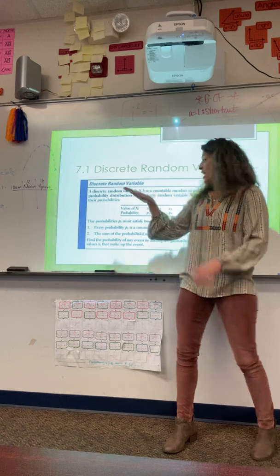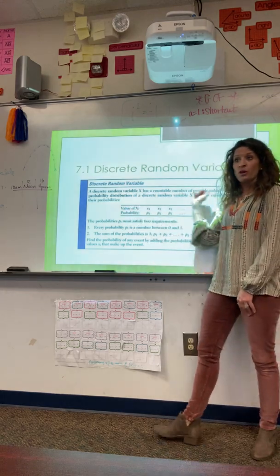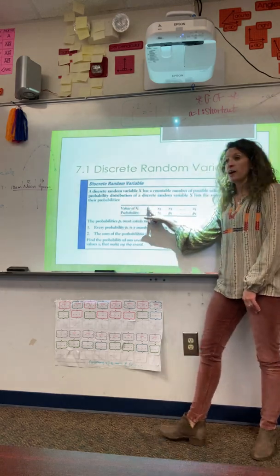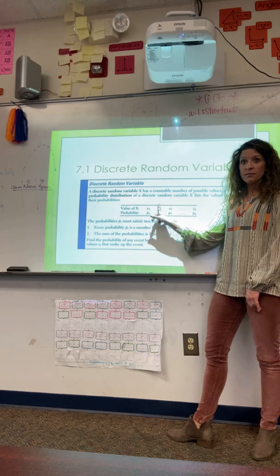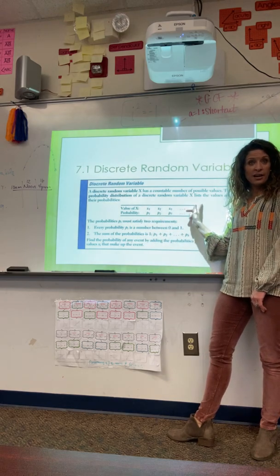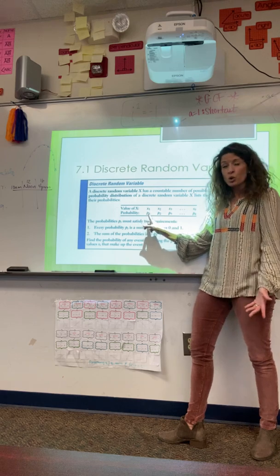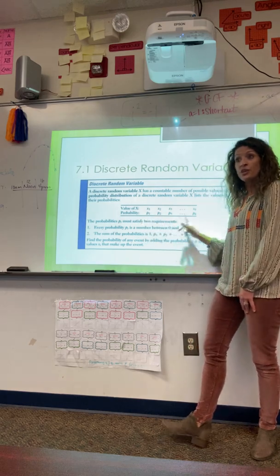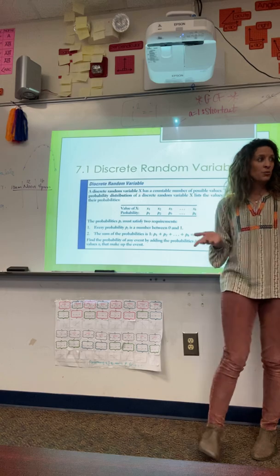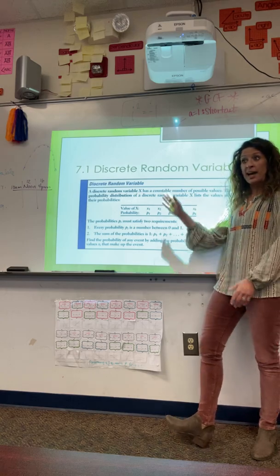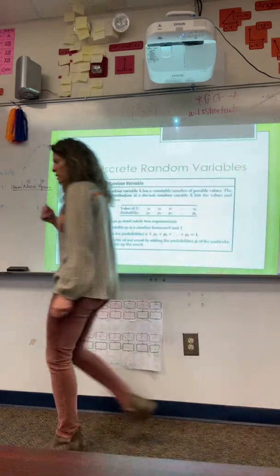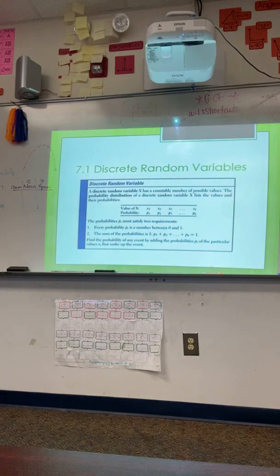So X would be the grade on a test, and what are the different outcomes? List your outcomes: A, B, C, F. And then underneath it, I would give the probabilities, maybe the historical probabilities of making an A, B, C, or F on that test. And then we could say, what's the probability that I pass? I would just add up A, B, or C. That's pretty easy. So that's what we're doing with discrete random variables.